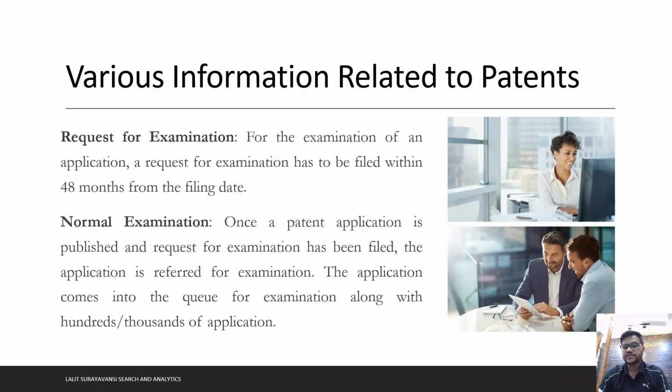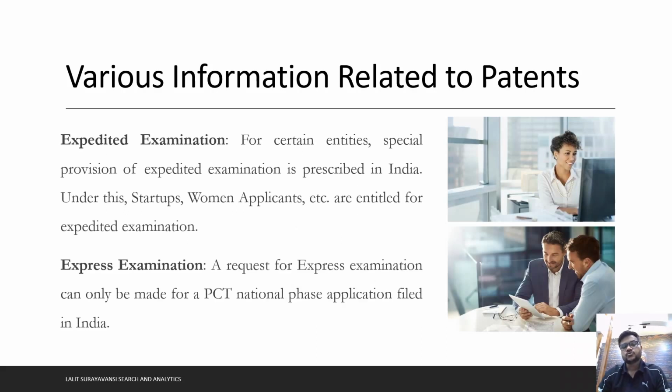So for example, if you file a PCT application and choose India as an international search authority, then you will have the chance to be in the expedited examination queue. So for expedited examination, there is a separate queue, so only a select few number of cases get into that queue, because normal examination will happen for all the 1,000 applications, but only a few percentage, maybe 10% of cases, get into the expedited examination.